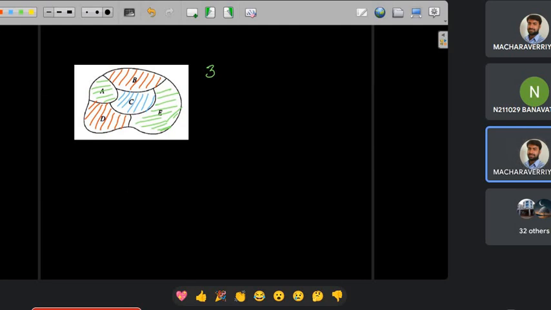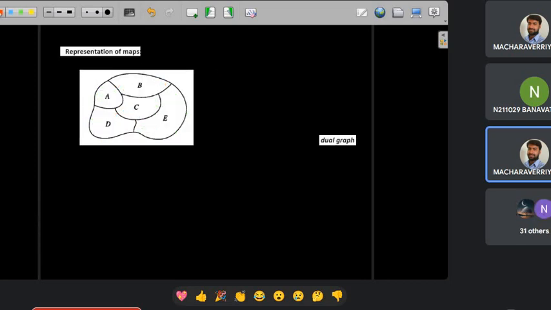So let us see how to convert this map into a graph. What you have to do is take these regions as vertices, let's say the regions A, B, C, and similarly D. If two regions are adjoined, then they will be connected by an edge.